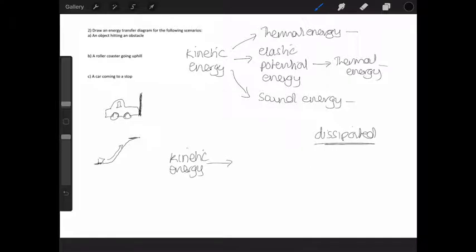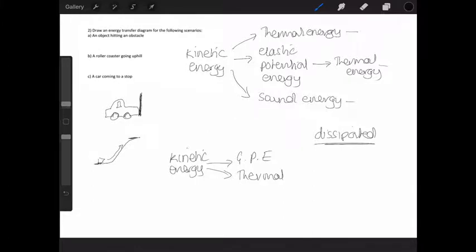So as it moves upwards, kinetic energy is being changed into gravitational potential energy, GPE. And along the way, there's going to be some friction, some air resistance. There's definitely going to be some thermal energy wasted. You're not going to get all of the kinetic energy, 100% all become gravitational potential energy.